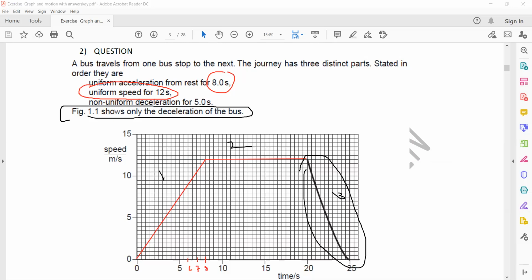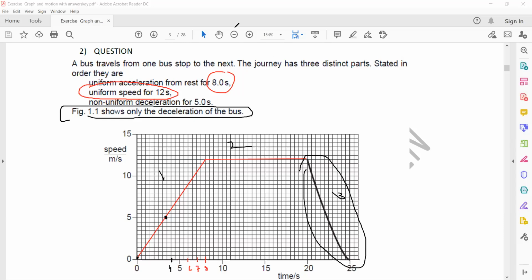For the first 4 seconds, it has a constant acceleration. I told you whenever there's a constant acceleration, you can just find the gradient of the line. This is 4 seconds. In this region it's a straight line, so I can find the gradient of this line.